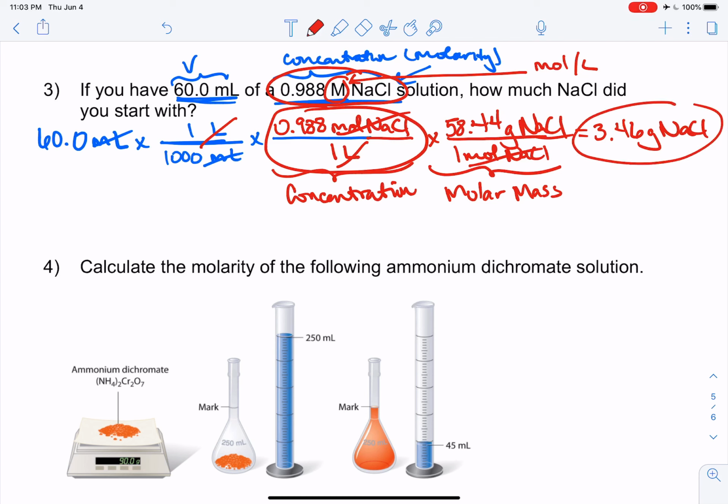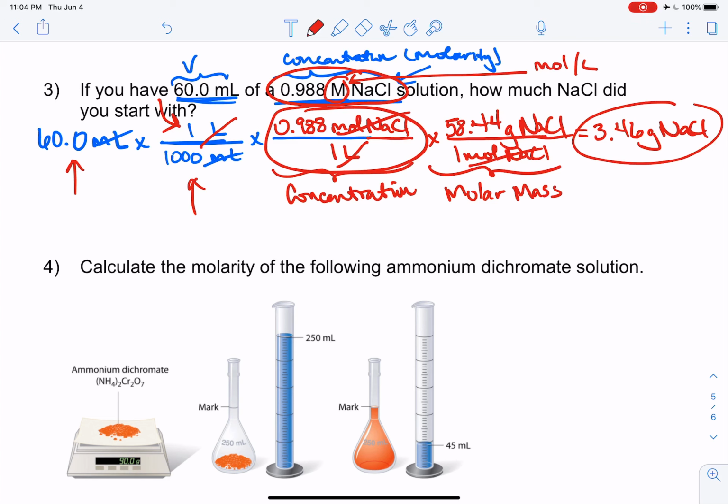It has 3 sig figs. This value right here is 3 significant digits. This one right here, we don't count that. So the 1 liter looks like it might be 1 sig fig, but there are exactly 1,000 milliliters in exactly 1 liter.